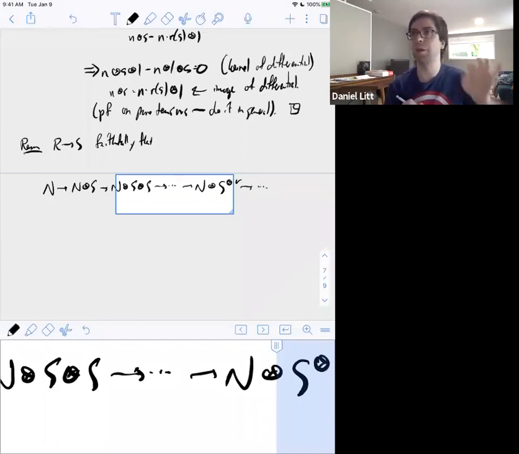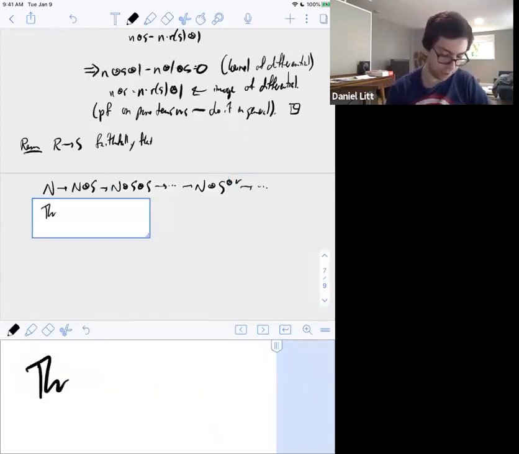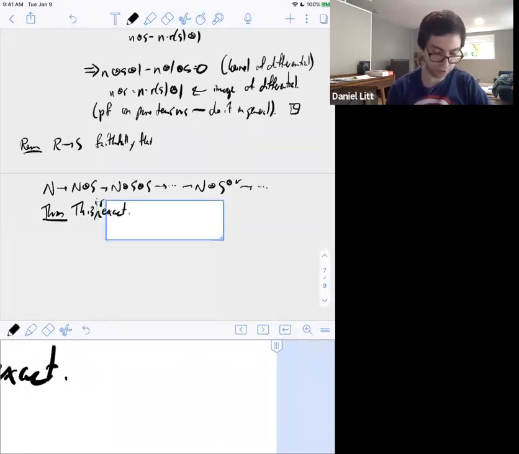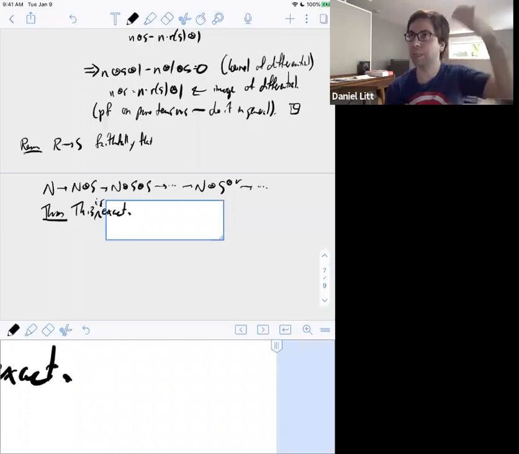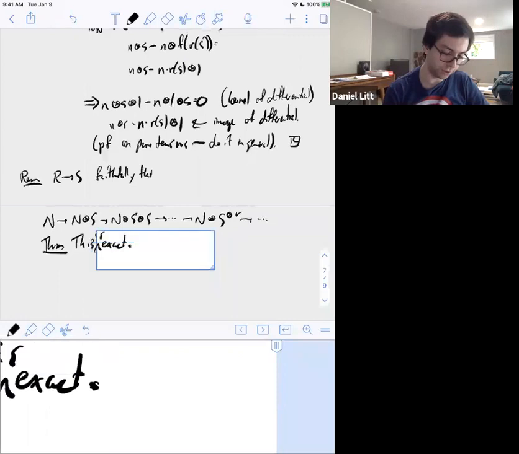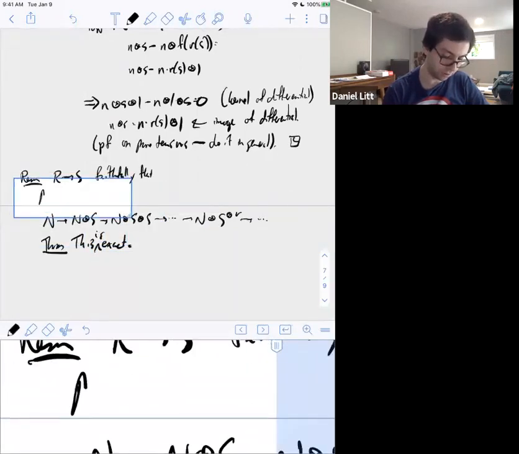The differentials are what you get by taking the alternating sum of where all the maps are the identity on S, except you put a 1 in the ith spot. The theorem is that this is always exact. The proof is more or less the same. You reduce to the case where you have a section by tensoring with S, and then you use that section to build a null homotopy. So this is called the Amitsur complex.